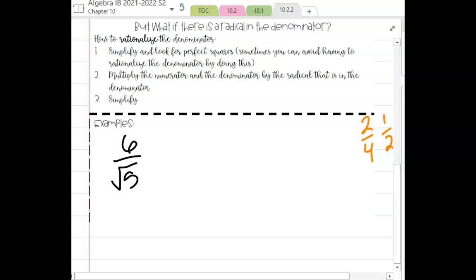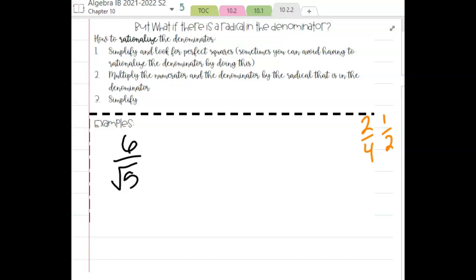You want to do that if you can. But like we talked about yesterday, how you can multiply numbers outside with numbers outside, and numbers inside with inside, it's the same thing when you're simplifying. So if you have a fraction, you can simplify numbers that are in the same place.